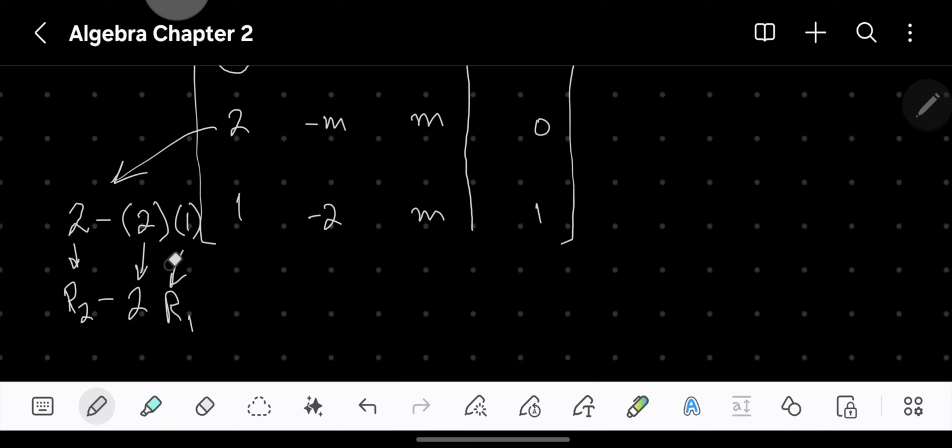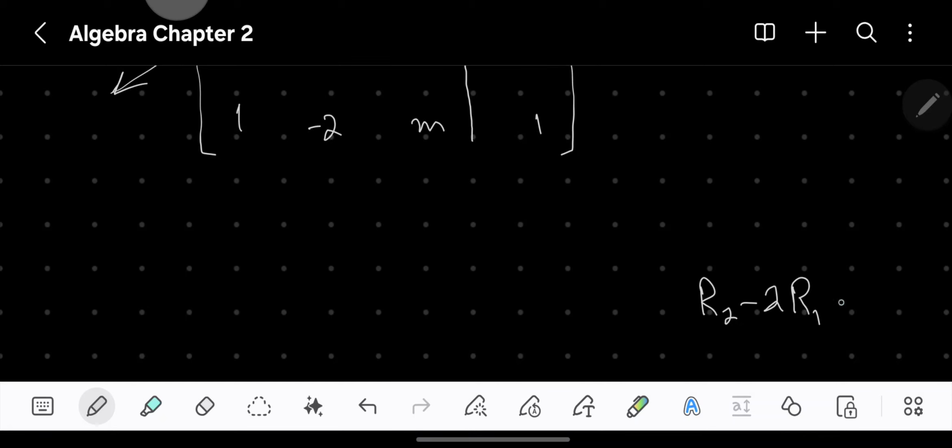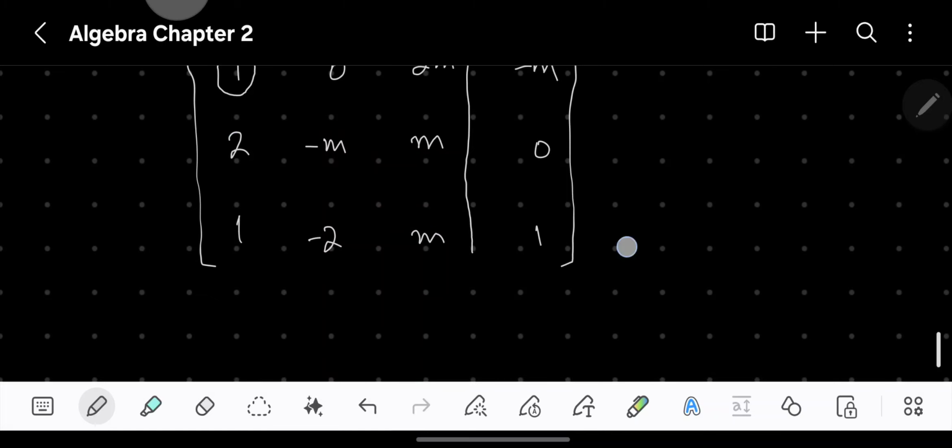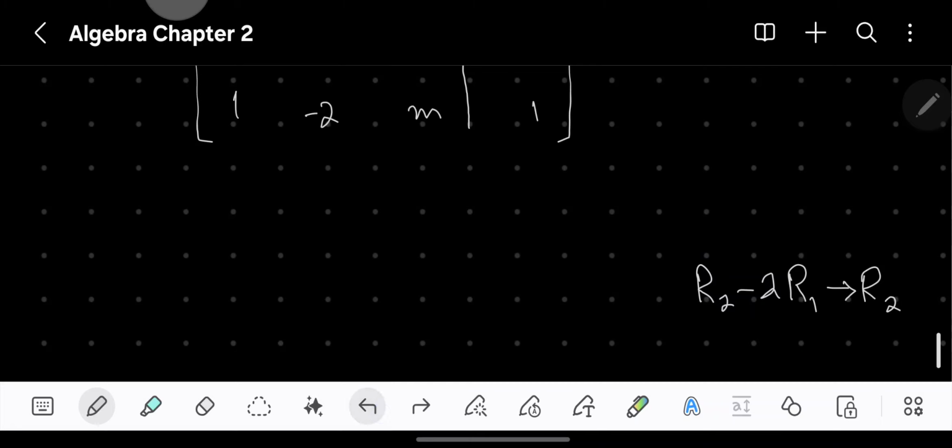So this is the operation which I'll apply in R2, because I have to make changes in R2, since here I want 0.